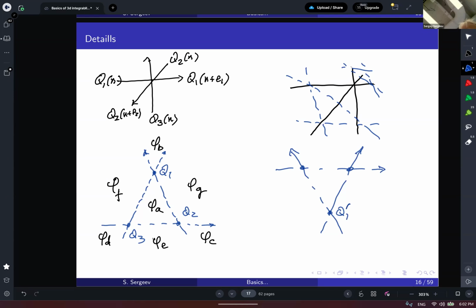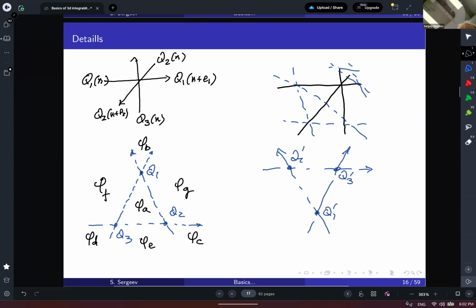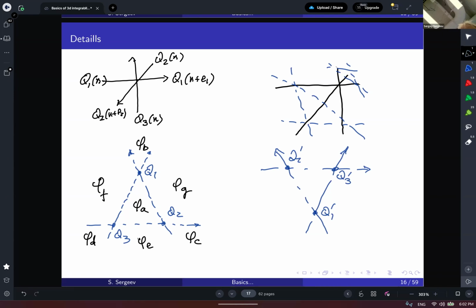Q1 prime here, Q2 prime here, Q3 prime here. Outer variables, linear variables, must be the same as before. Phi B, phi G, phi C, phi E, phi D, phi F. Phi A disappears, but instead of phi A in the middle, we have phi H. So one linear variable disappears and a new one appears.